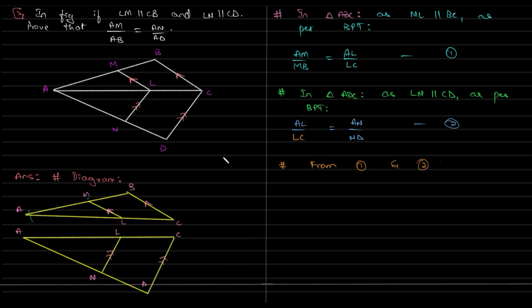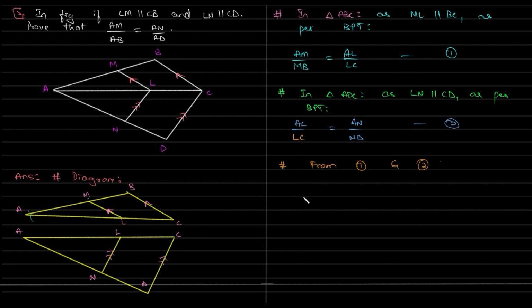Yeah, that's correct. So now again, the big statement which I was about to make: as AM by MB is equal to AL by LC, and AL by LC is equal to AN by ND, AM by MB should be equal to the ratio AN by ND.